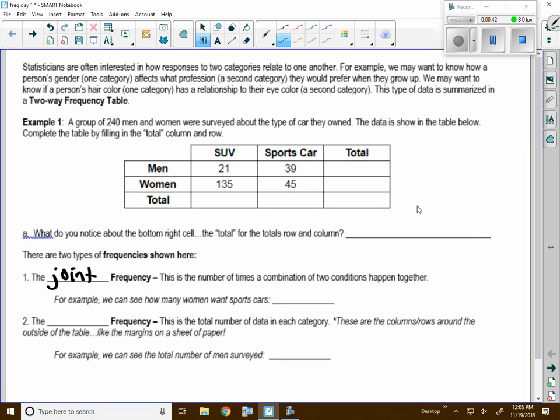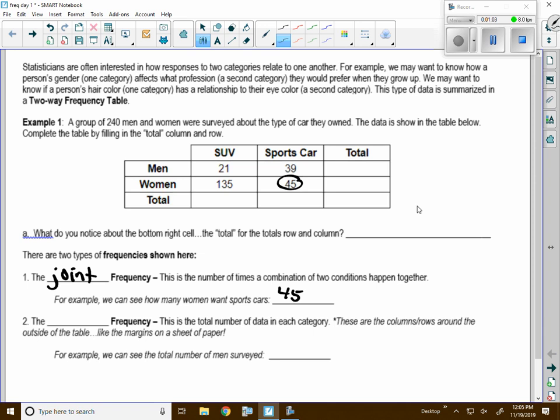For example, we can see how many women want sports cars. If you look at women and sports cars, there's 45. The joint frequencies are already filled in.